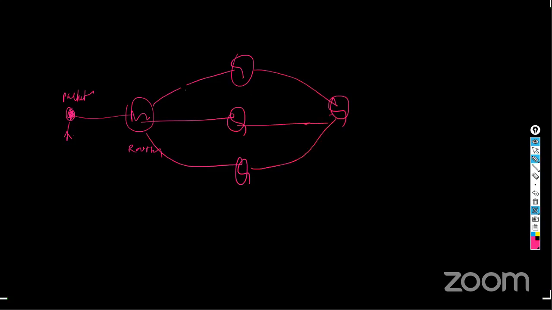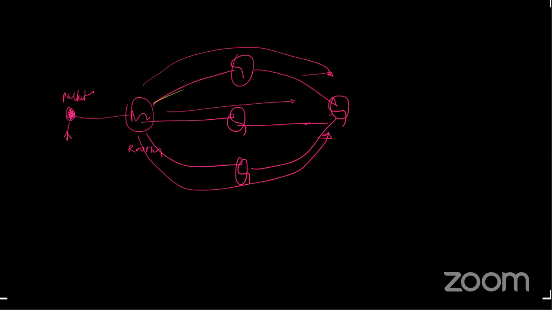They might look the same, like two hops, two hops, and two hops, but the issue could be with respect to the interface and the cable technology. Might be the cable used here is an Ethernet cable, might be the cable used here is a Fast Ethernet cable, and similarly the cable used here is Gigabit Ethernet.